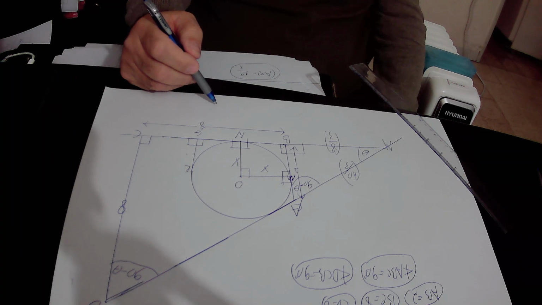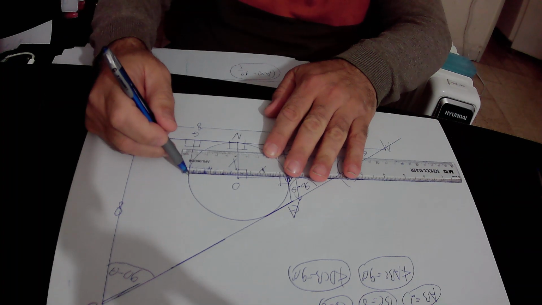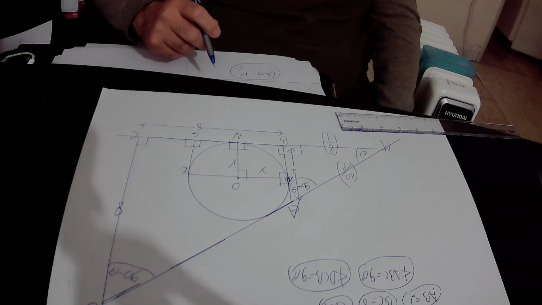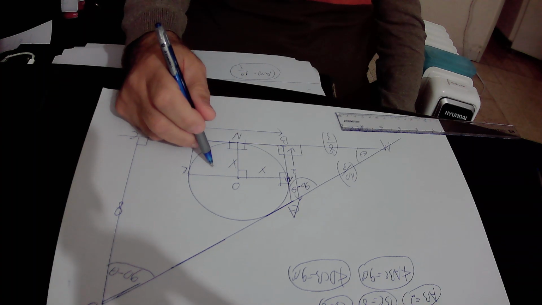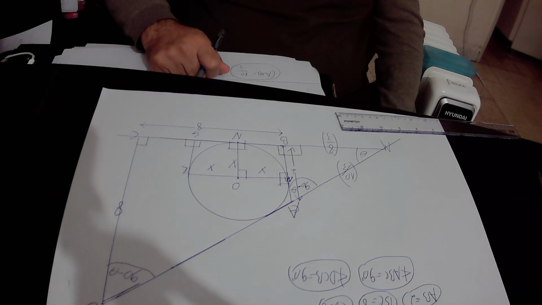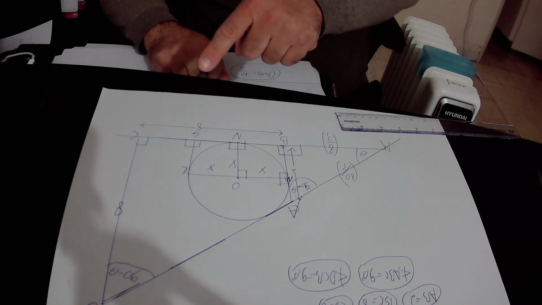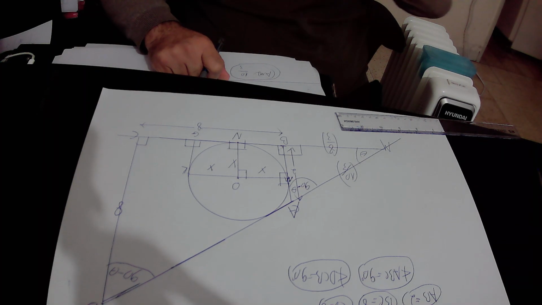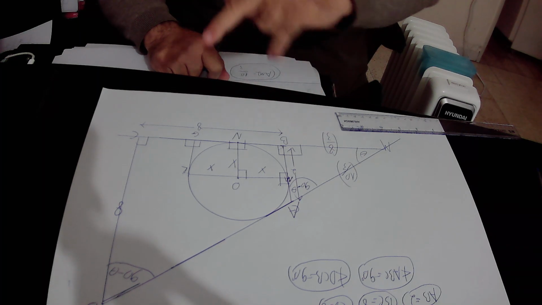In the next step, we'll join points O and L together by a straight line. Point O is the center of the circle, point L is the point of the circle itself, therefore OL is the radius of the circle that we defined as X. Again, we have the same rule. The radius OL is drawn to the point of tangency, that is to say it is drawn to point L, that is the point of tangency of GL with the circle.